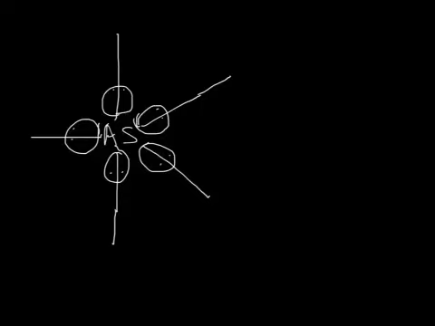Now we have to draw our p's, our iodines, which are p's, and they're going to look something like this. There we go. Now let's label them.